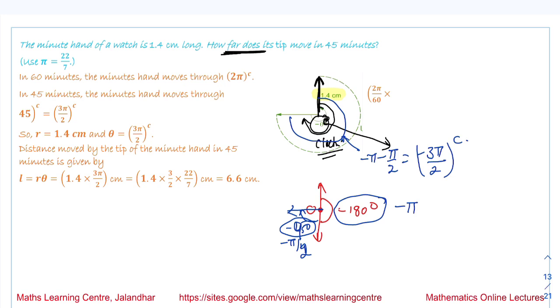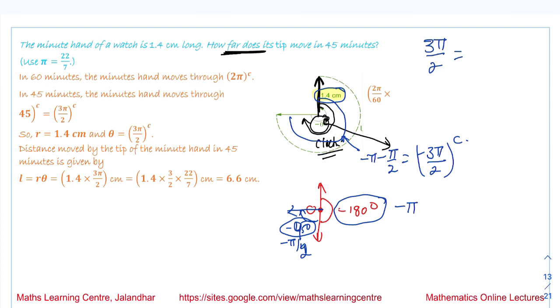Now the radius is given. Suppose the angle that it has moved is 3 pi by 2, and we have to find the length corresponding to this.